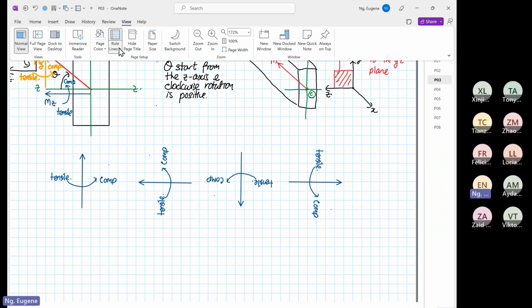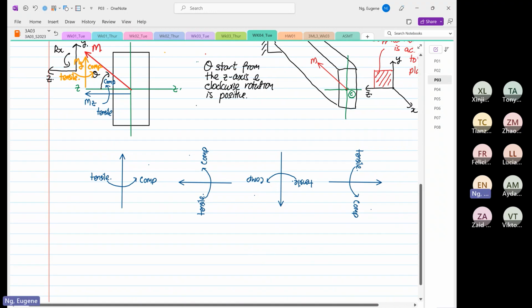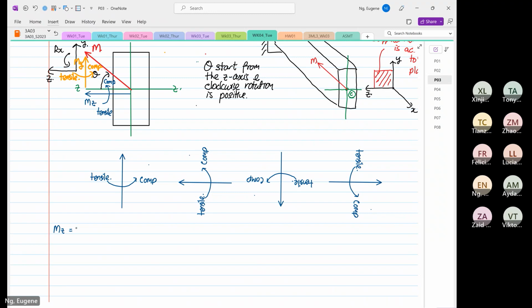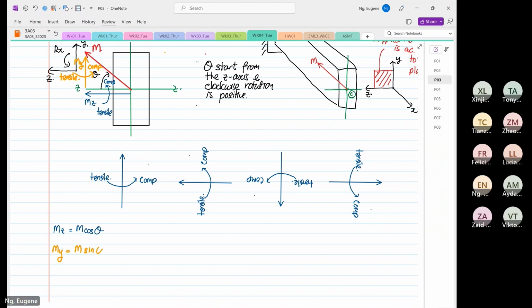Once we have done all this, we are aware that Mz is equal to M cos theta, and we also know that My is equal to M sine theta.